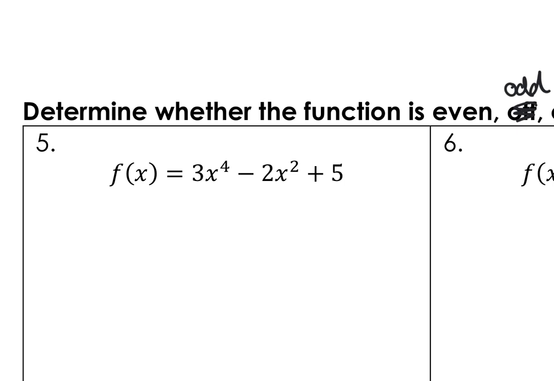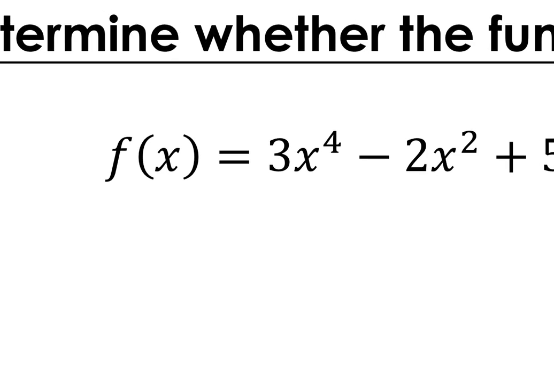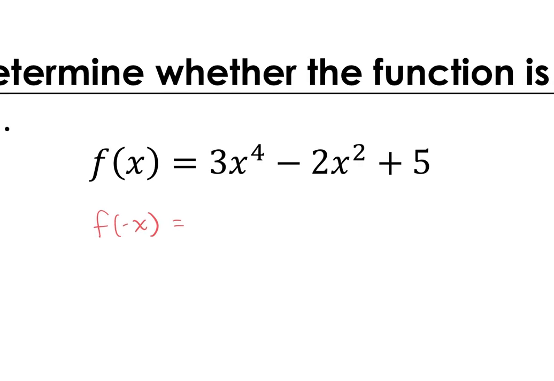So what we're going to do to check this is plug in a negative x. We are plugging in negative x for our x's. And if our output value is the same thing, then we're going to have an even function. If our output value is the opposite of what we have right here, then we're going to have odd. If it's not the same or the complete opposite, then it's going to be neither.